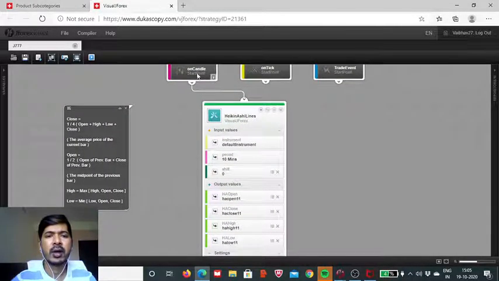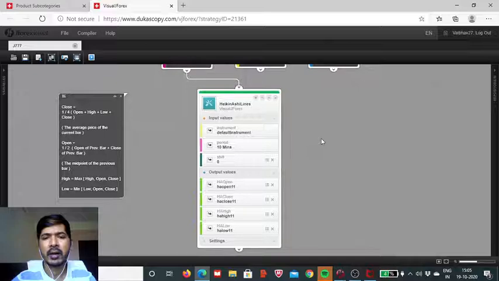I am using the on candle as the start point to iterate the algorithm, and in this block you can see that we have to define only three input parameters, which is considerably less compared to the other indicators we have seen so far.